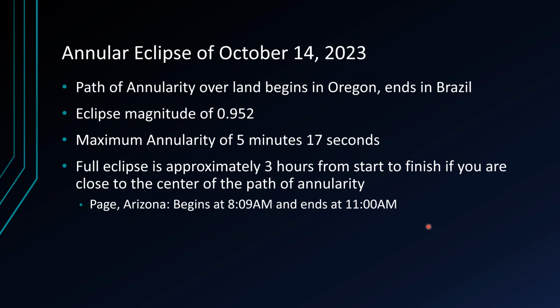The full eclipse duration is expected to take about 3 hours from start to finish, if you are close to the center line of the path of annularity. To give a reference, for those who will be in Arizona, Page, Arizona will experience the eclipse at around 8:09 a.m. is when the partial eclipse phase starts, and it ends at 11 a.m. That should be 12 a.m. Excuse me, that's a typo on my part.